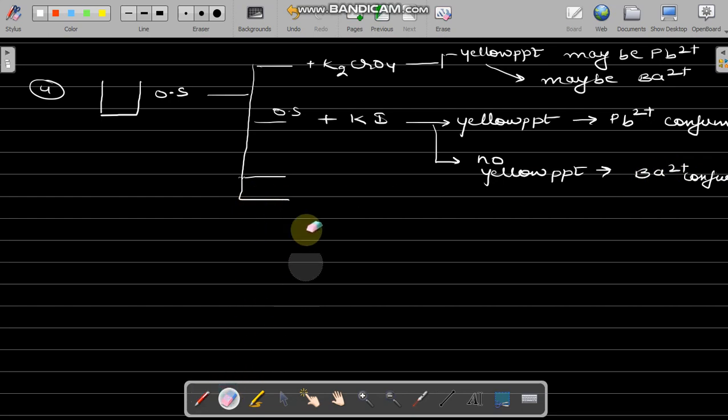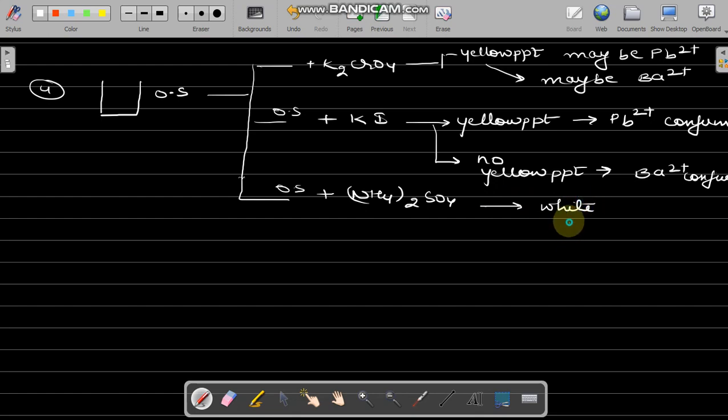Third, original solution, ammonium sulfate, white PPT comes, then strontium is confirmed.